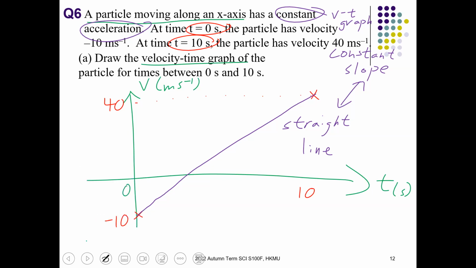Since it follows a constant slope, the increment of the velocity, because the velocity goes up from -10 up to 40, is following a fixed ratio, and we should deduce that this is reaching zero velocity when time t equals to 2. This is what we can deduce.